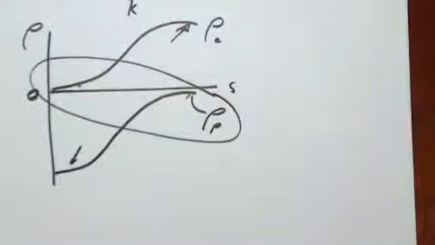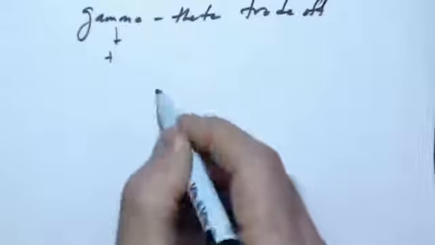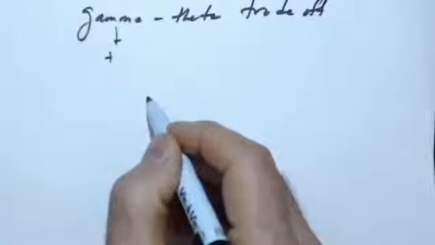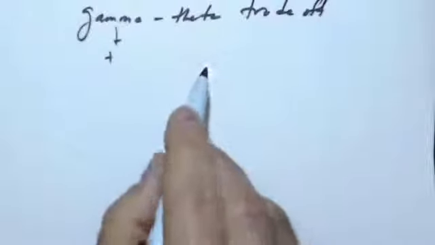And one interesting combination is called the gamma-theta trade-off. Now, gamma is always positive. And theta is typically negative.